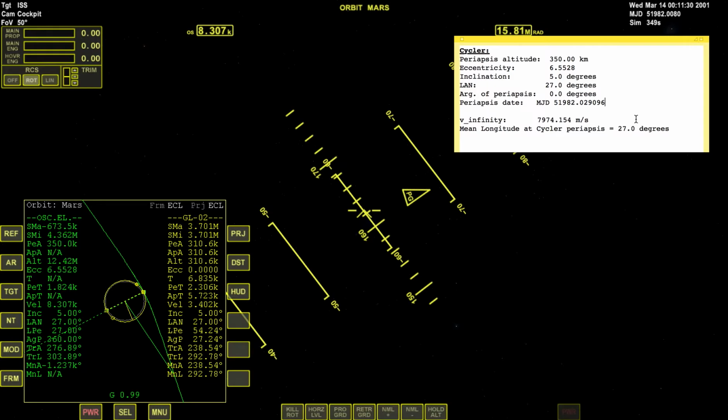Okay, so that's what we know, and finally we can calculate from this data the mean longitude of the cycler at periapsis, and that would be 27 degrees, and we'll use that number a little bit down the track.